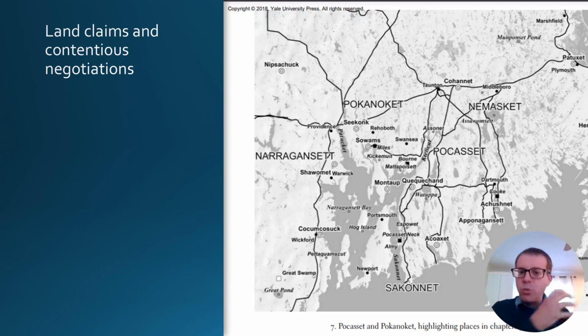And it's through a lot of these cases of using unscrupulous individuals within Wampanoag communities that the English are able to use the legal system to acquire land in New England.